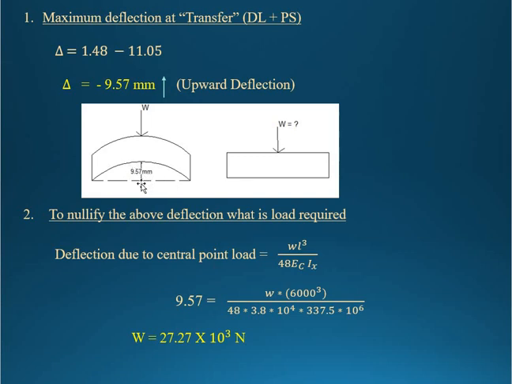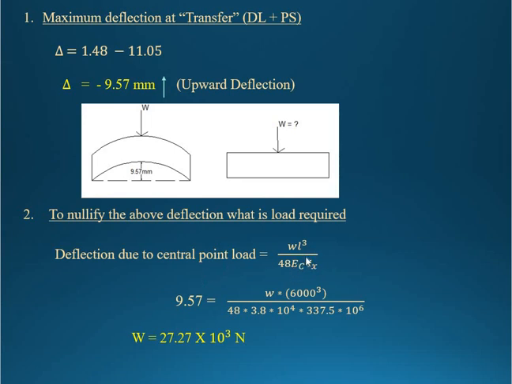So to nullify minus 9.57, nullify in the sense to bring back to the normal condition, how much should be the W value or central point load value. For that, I have considered deflection due to central point load equal to W L cube by 48 EC into IX.